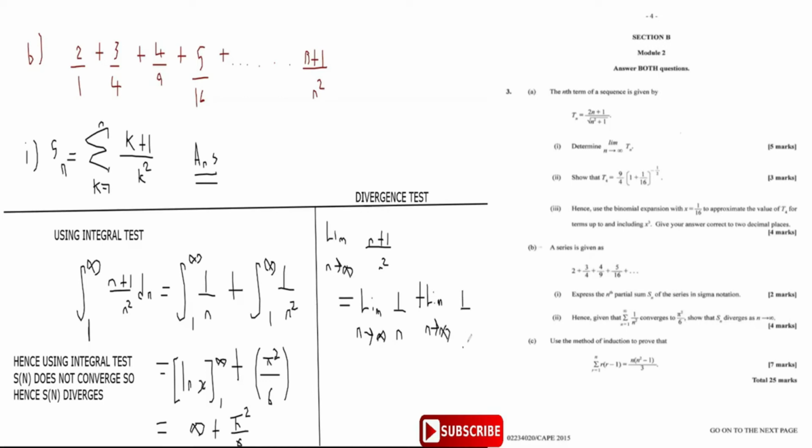Now we know that this part converges. This part is going to a finite limit, and this finite limit is pi squared over 6.